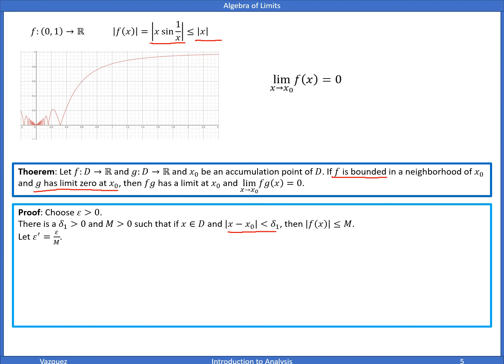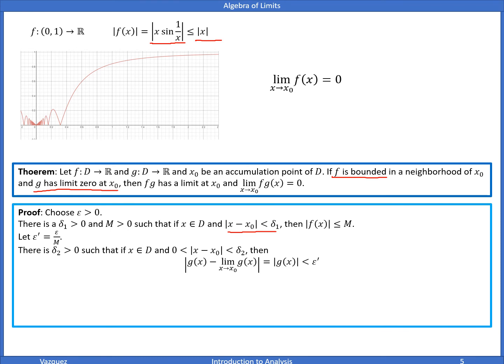And if you're just seeing this section, the choices of epsilon prime or epsilon are a bit clever. You should definitely review all of chapter 1 first. It's just pretty much doing some scratch work, figuring out some algebra. But we're going to let epsilon prime equal epsilon over m.